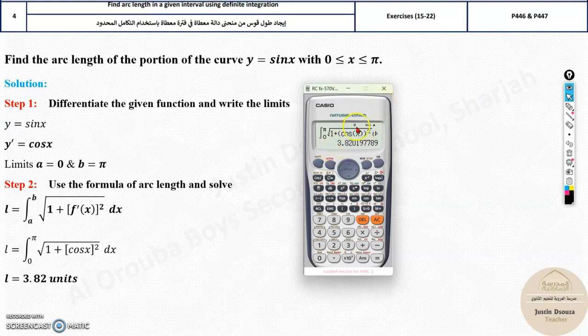So directly set the mode to radian and you can easily get the answer. So please remember, press shift, mode, and 4 whenever you have trigonometric functions when you're using the calculator. So that's it. Now that's the answer.